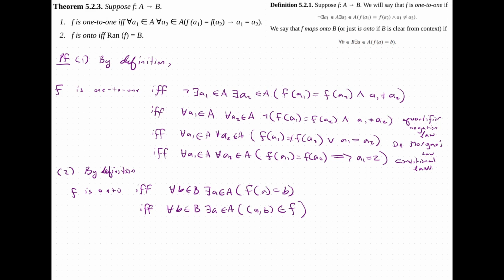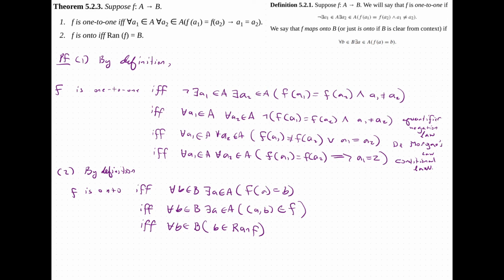But now, A comma B being in the function, and there exists an A, this here can be, by definition of the range of F, truncated to saying for all B in B, B is in the range of F. And so we got this portion right here.